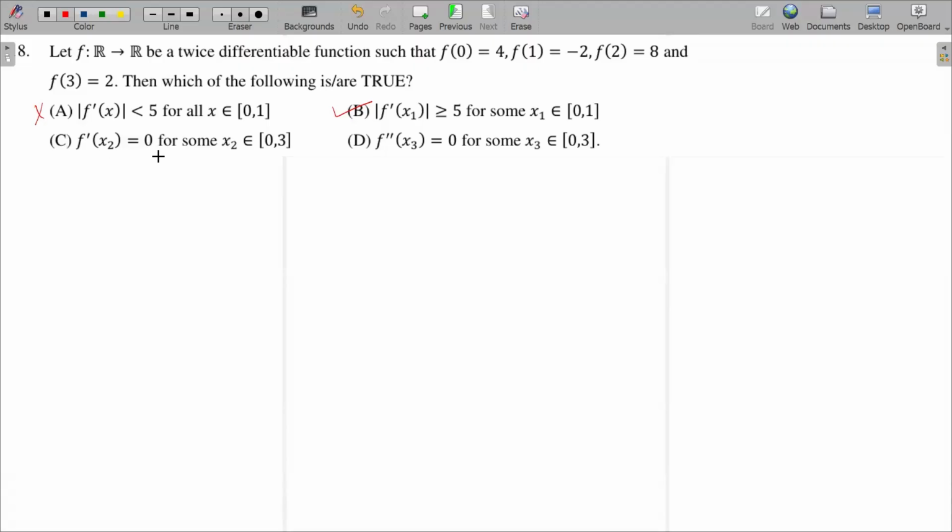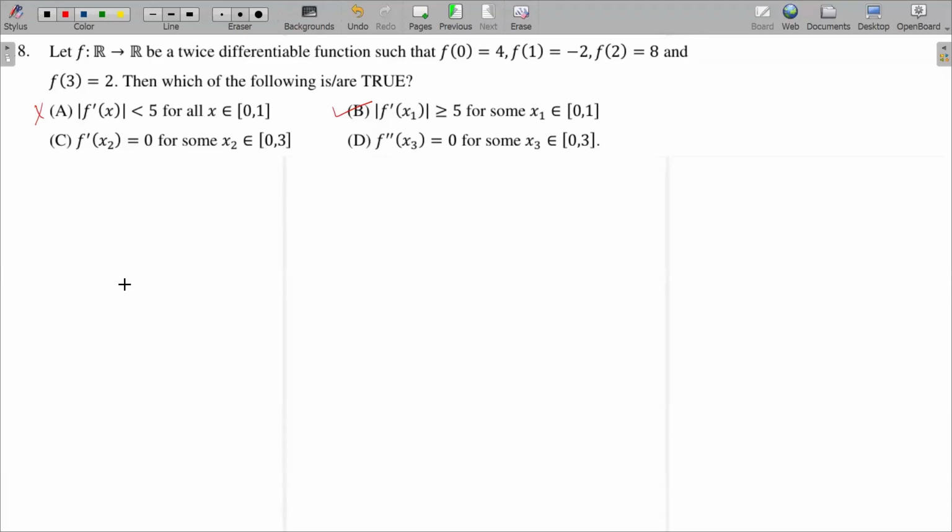f dash x2 equal to 0 in 0 to 3. So C is true by intermediate value theorem.